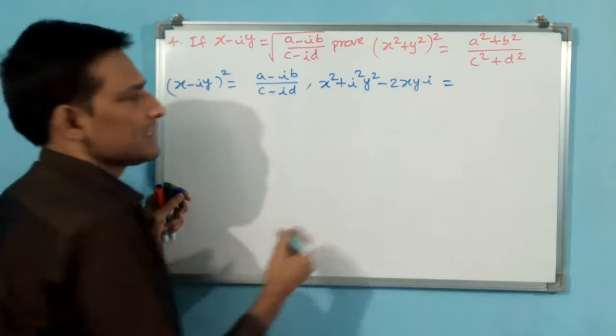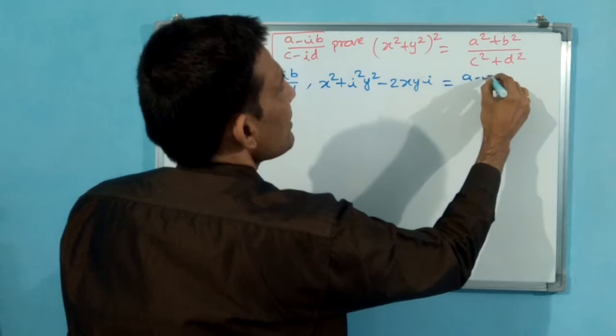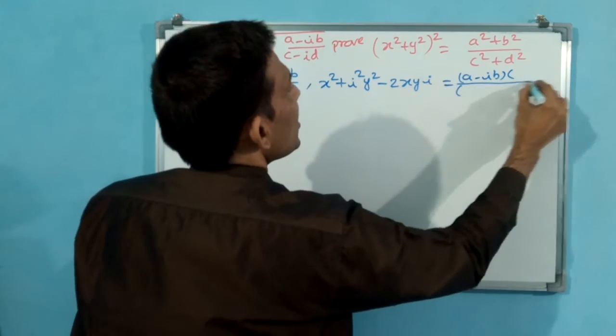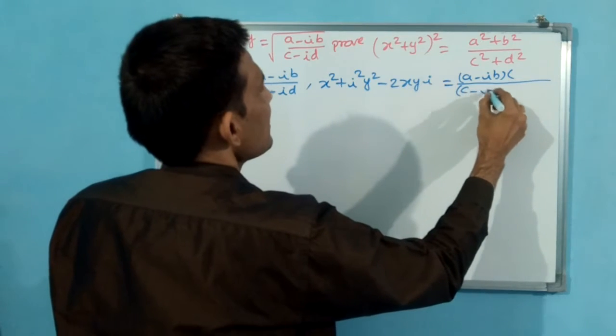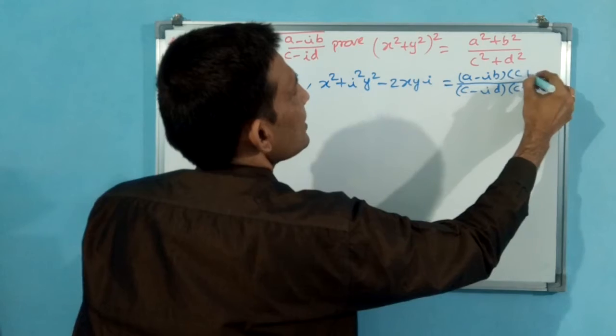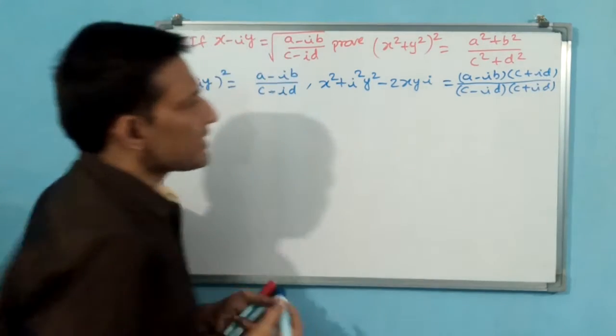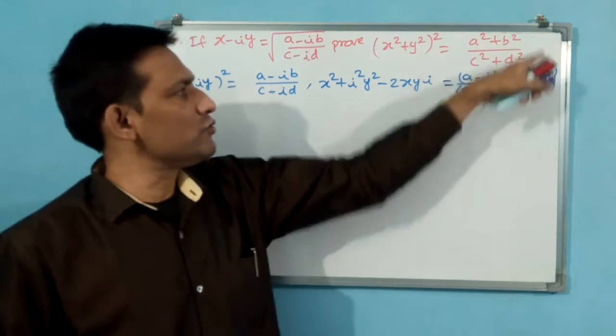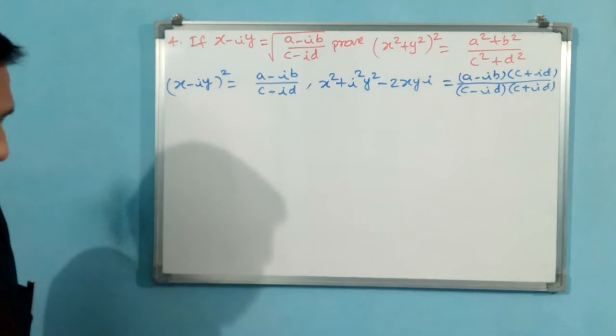RHS, let us do rationalization. (a minus ib) into (c plus id) divided by (c minus id) into (c plus id). This is the rationalization. Because the denominator sign has to change, and the numerator and denominator you have to multiply.